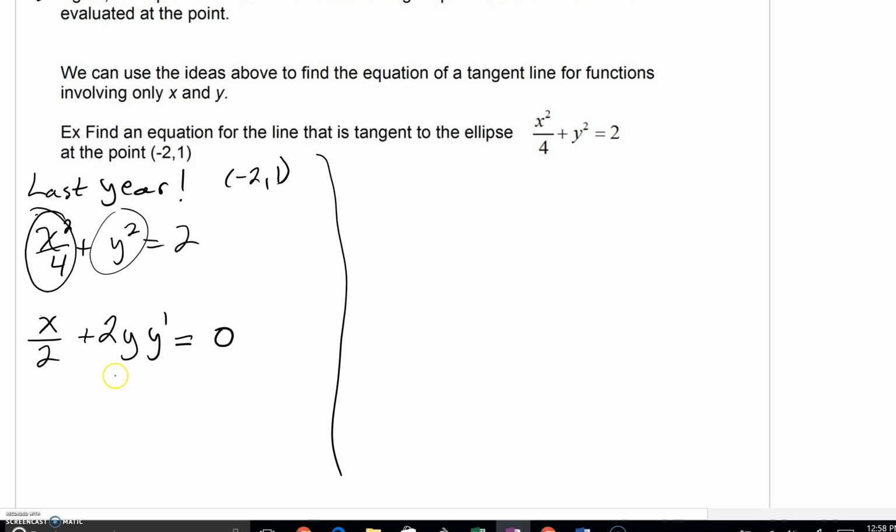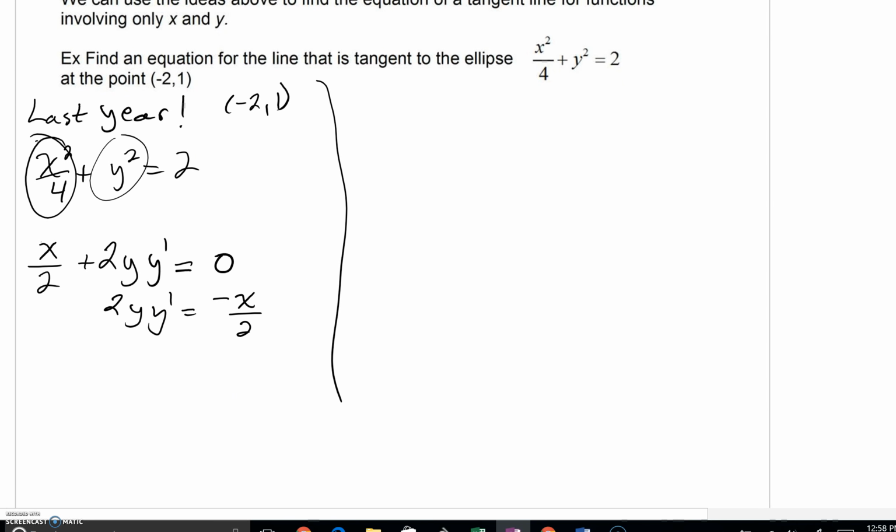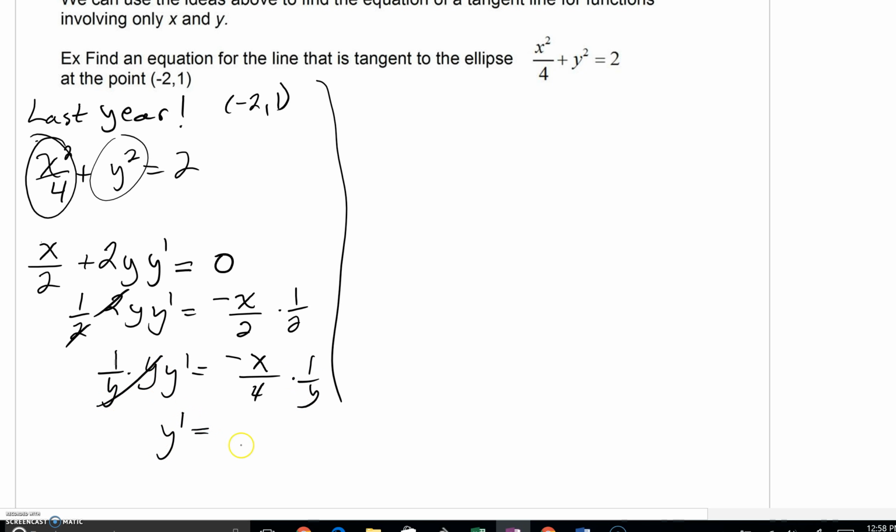So we've got that equal to 0, and then 2y times y prime would equal negative x all over 2. How about we multiply both sides by a half? Then y prime is equal to negative x all over 4. Then we multiply both sides by 1 over y, and without too much ado, we've got negative x all over 4y.